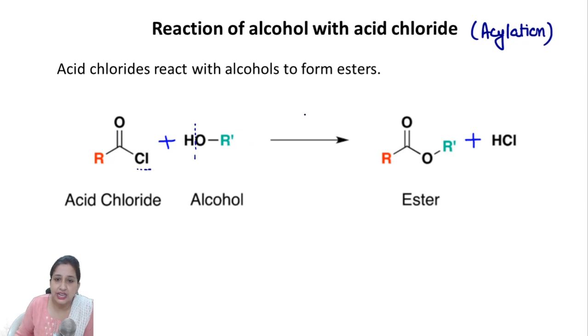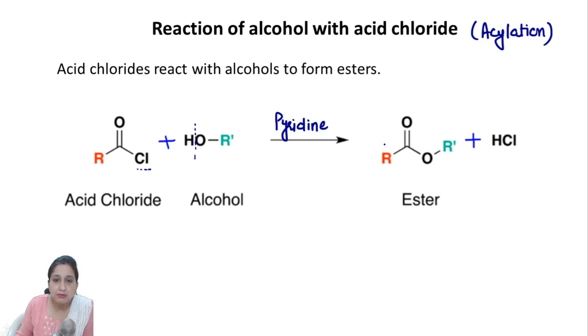RCOOR', and this reaction is usually carried out in the presence of a base such as pyridine. So the function of pyridine is to carry out this reaction in the forward direction because this reaction is otherwise reversible in nature.